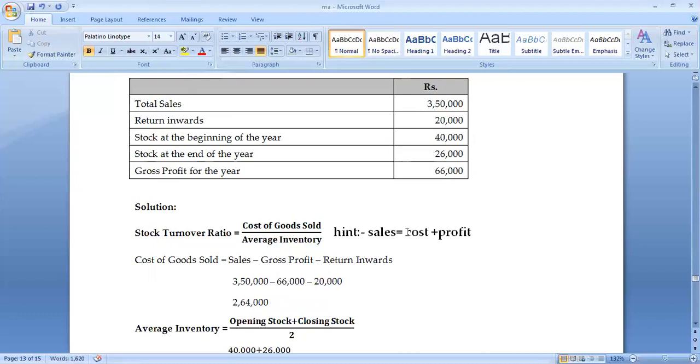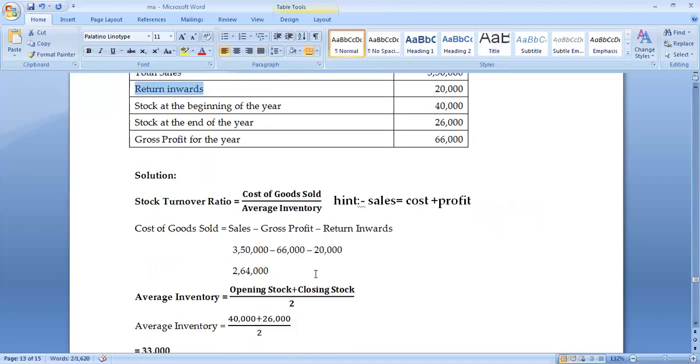As we require only the cost, sales will be minus the profit. Also, the information of sales returns is given, so that will be deducted. So we get the cost of goods sold as 2,64,000.